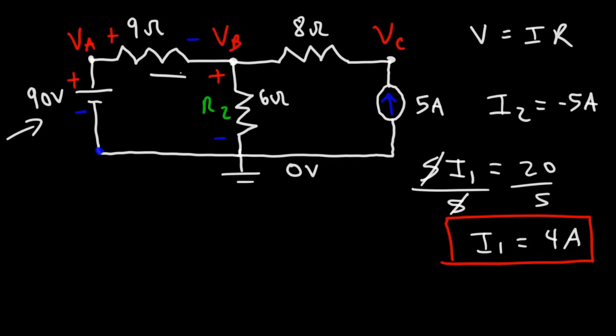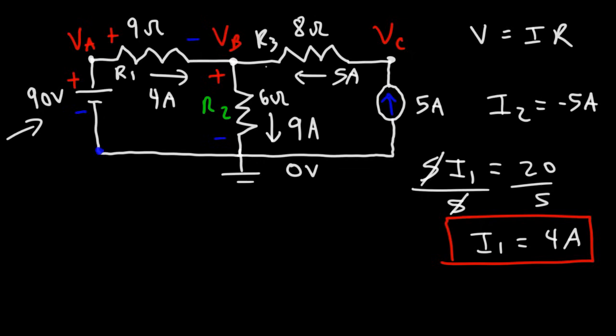So we have a current of 4 amps flowing through resistor 1. And we have a current of 5 amps flowing through resistor 3. So 4 and 5 is going to add up to 9. So that's 9 amps of current flowing through resistor 2.